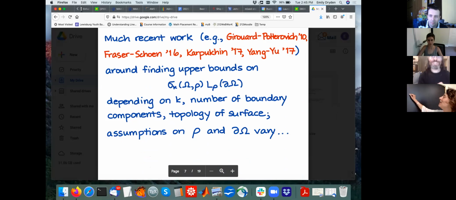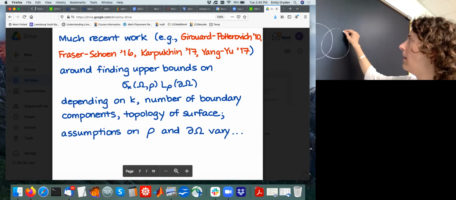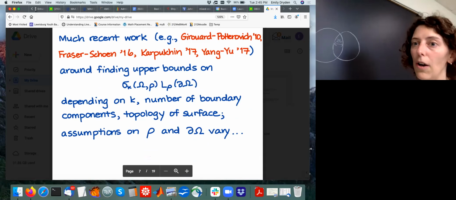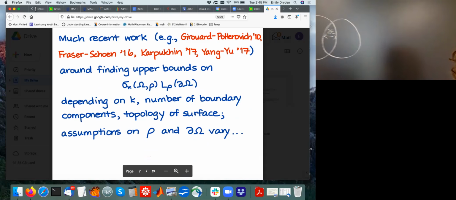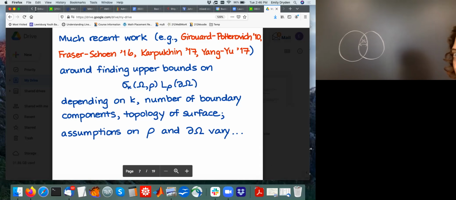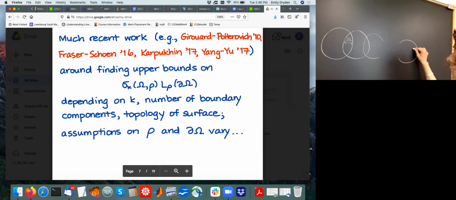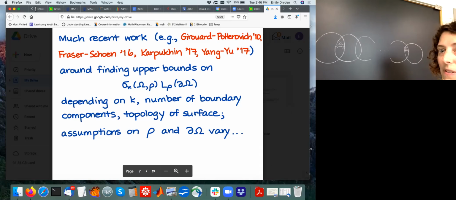Great, thank you. So the idea is to take a bunch of disks that overlap, where they have this overlap of 2 epsilon. And we're going to take k copies of those disks.